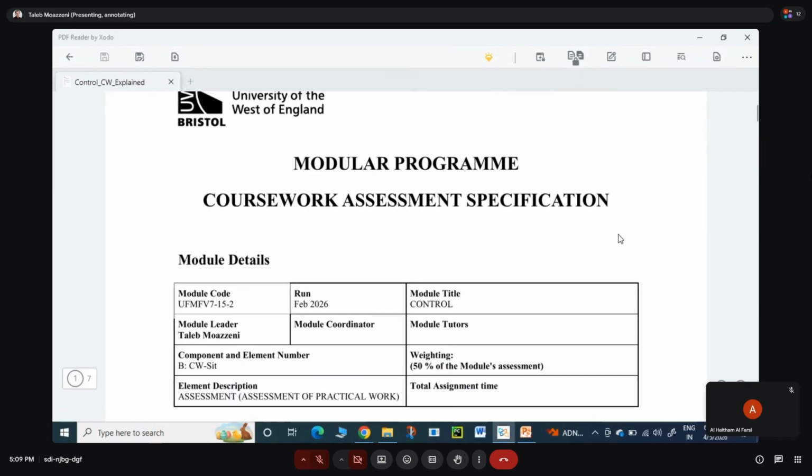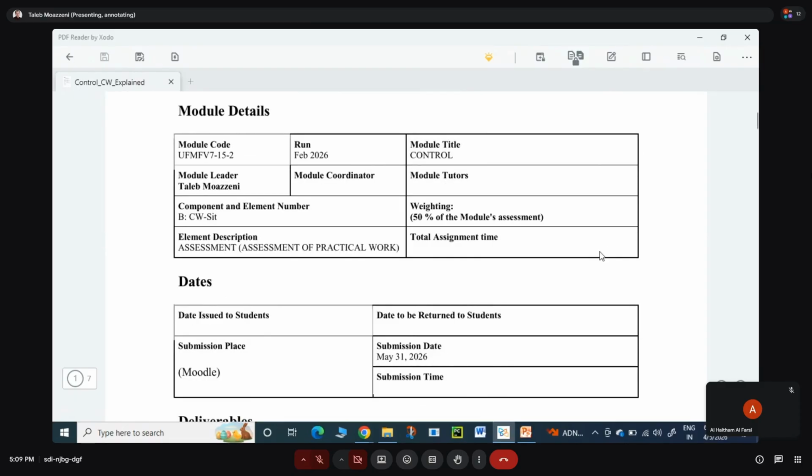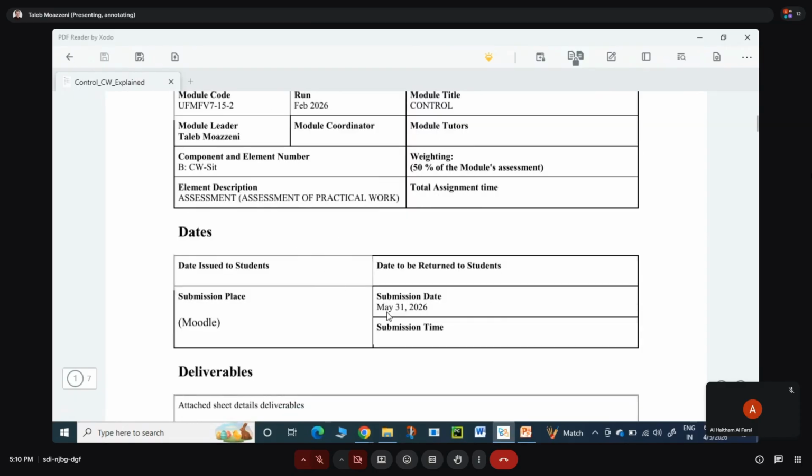I uploaded it already. It is available in Moodle, so you can go to Moodle and download it. If you don't have access, you can email me and I will send it to you by email. So this draft is the assignment. The deadline is the 1st of May. I think it will be after the Eid holidays.